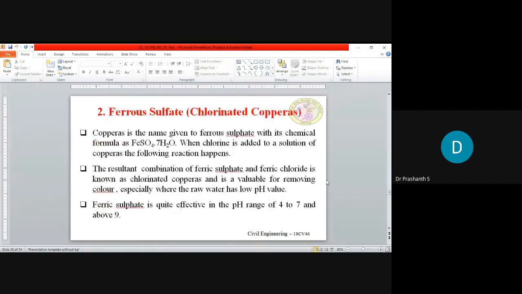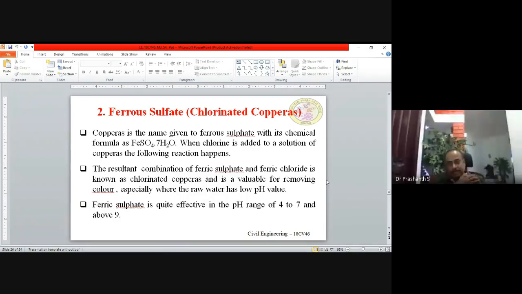Another one is an iron salt, ferrous sulfate, also called chlorinated copperas. This is another coagulant used in waterworks treatment units. What is copperas?